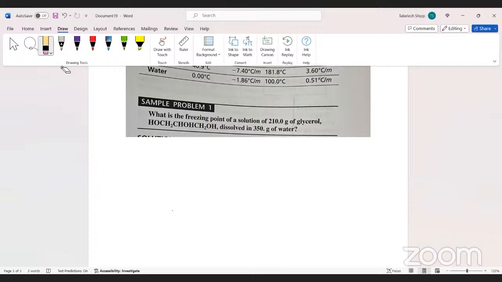So there are several formulas that we're going to also use throughout this particular lesson. One of the formulas is this one right here. This is delta T of F, which is the change in freezing point. And that's equal to the constant for the solvent, the K of F, times molality. So that is the formula that we're going to use.